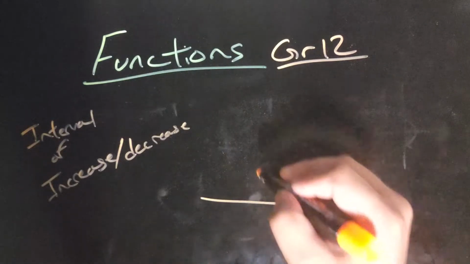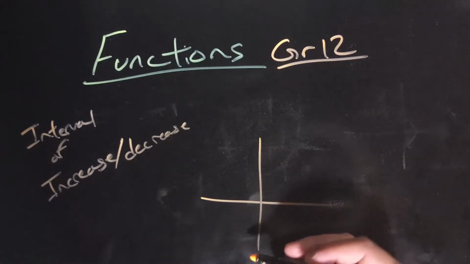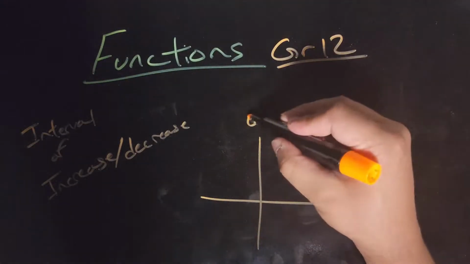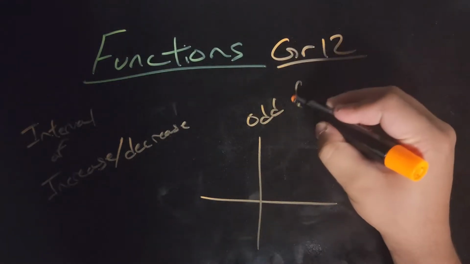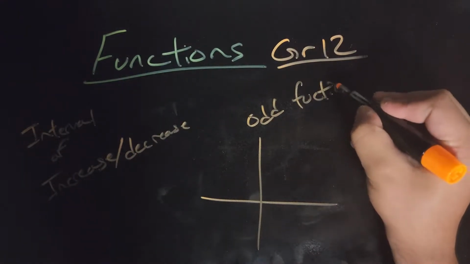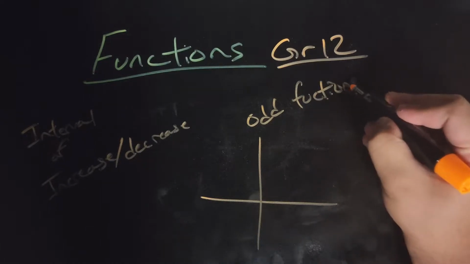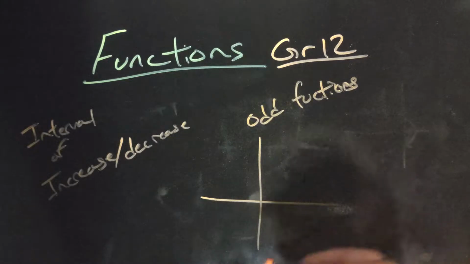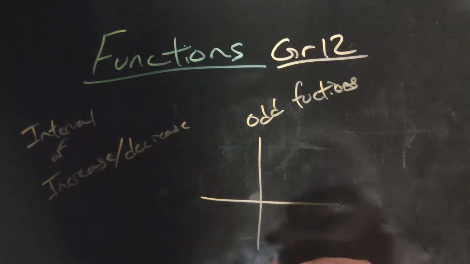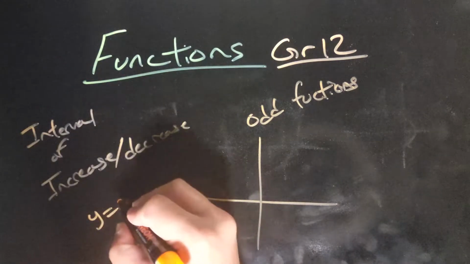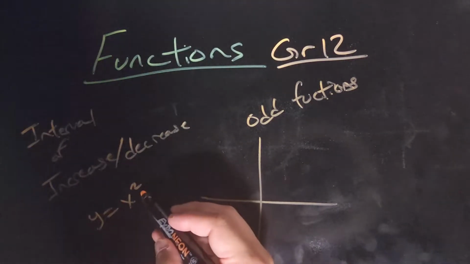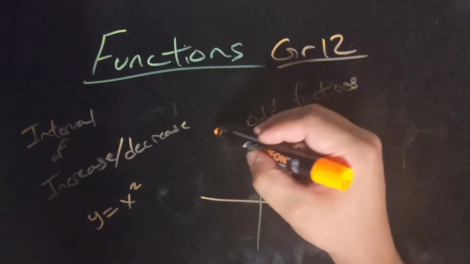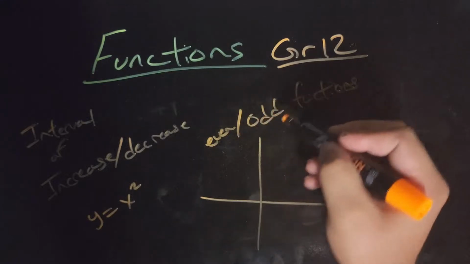I think we did do this. No, we didn't do it. So we can learn also about odd functions. Just brush up on odd functions. An odd function, you have to look at the degree of a function. So y equals x squared is an even function, because let's just put even / odd.